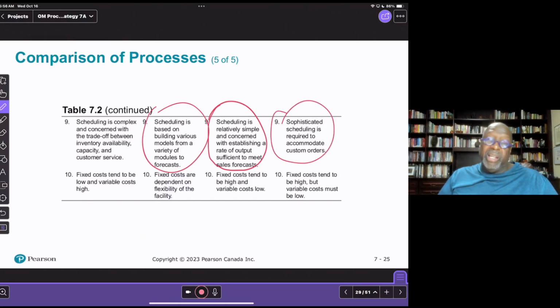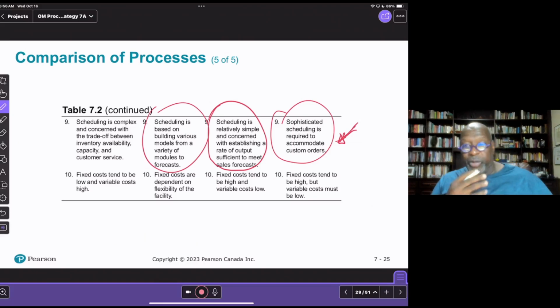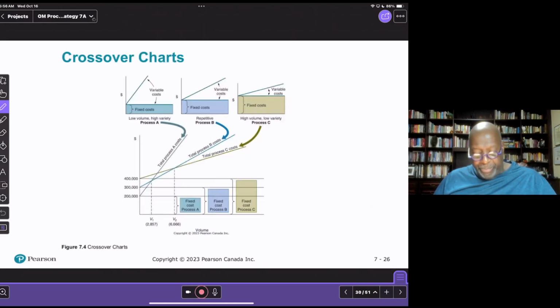And sophisticated scheduling is necessary because you remember you have multiple designs that you're trying to produce to meet customer requirements, and then because these are coming sometimes in real time, you're going to have to make sure that you have a good scheduling system to schedule production so that you could actually meet the customer requirements in a timely fashion. All right.